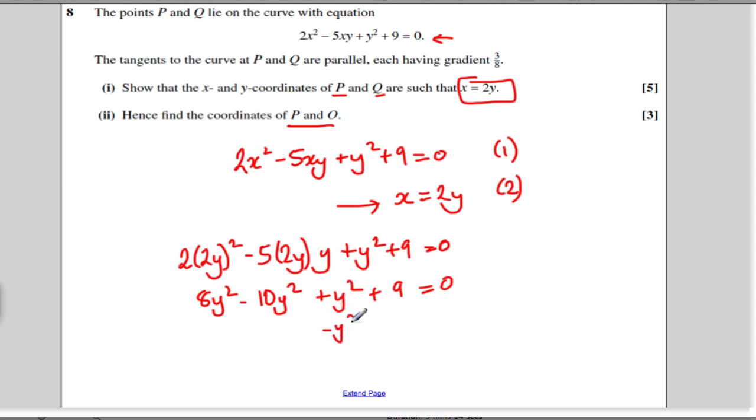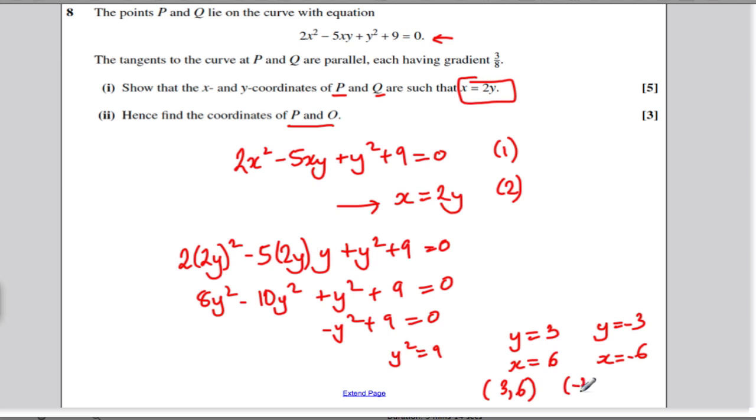So you get minus y squared plus 9 is 0. Rearranging, y squared equals 9, so y is 3 or y is negative 3. Subbing back in for x into this equation, x is equal to 6 or x is equal to negative 6. So the coordinates of P and Q are (6, 3) and (-6, -3).